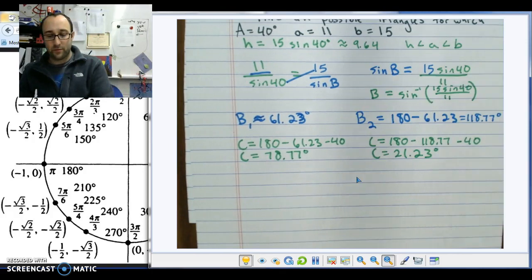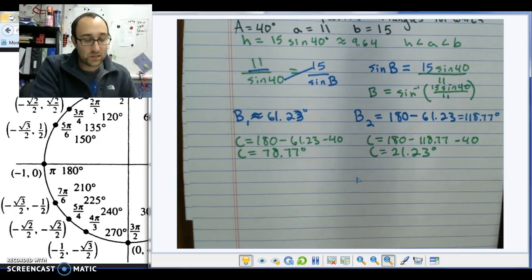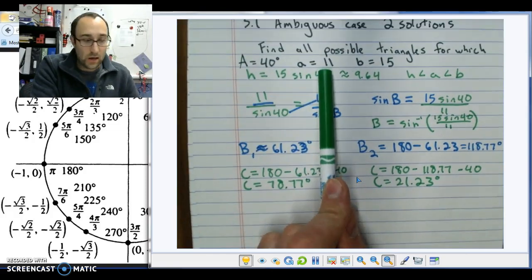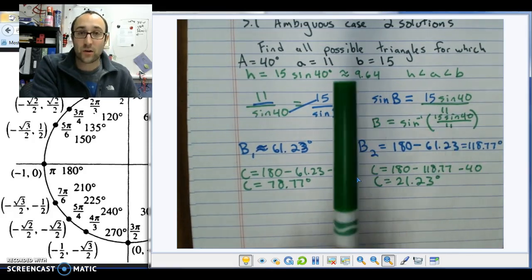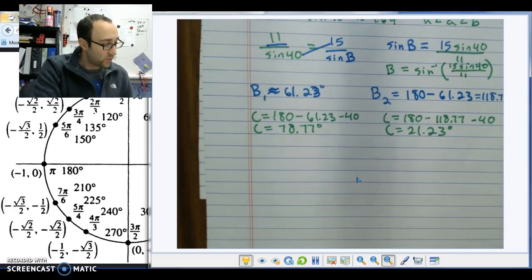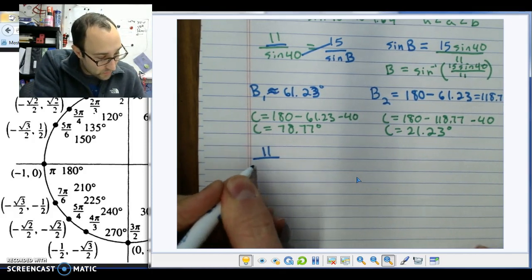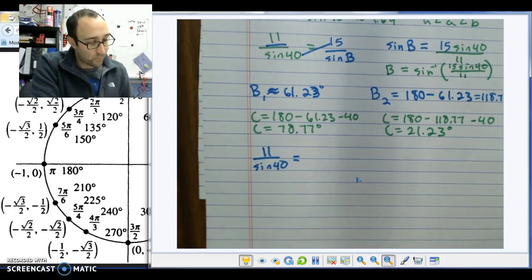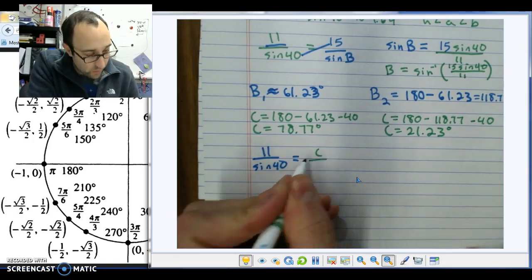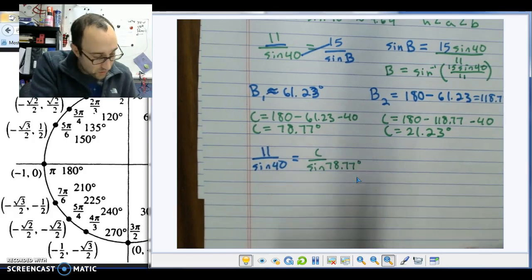Alright, so now we have both of those. Now what we have to do is just solve for the length of C. I'm going to still use A and sine A because B is an approximate angle. I don't want to use approximates if I don't have to. I'd rather use the exact angles. Alright, so let's go ahead and set that up. We're going to have 11 over sine 40 is going to equal, we don't know what C is, but we know that sine of 78.77 degrees.